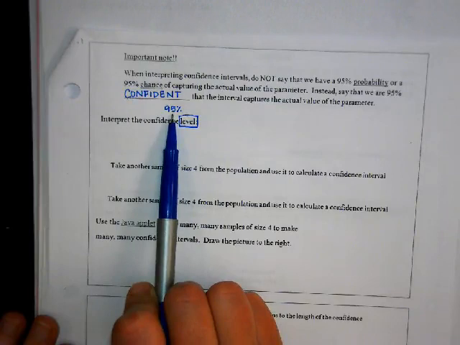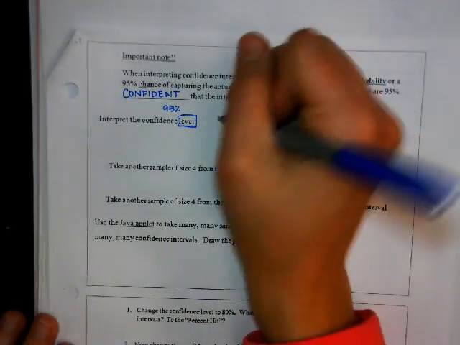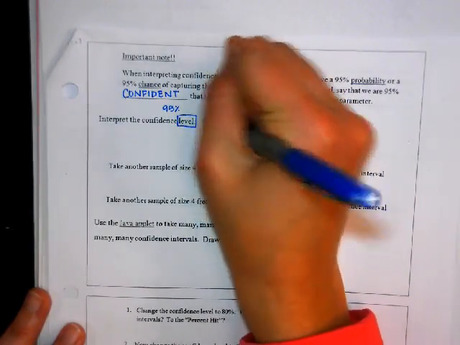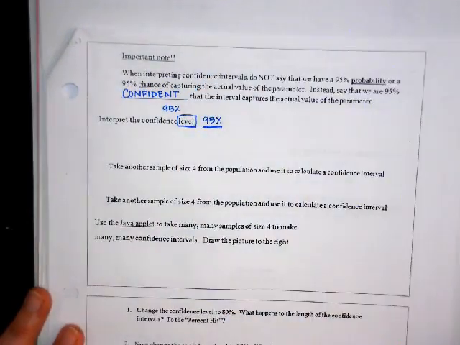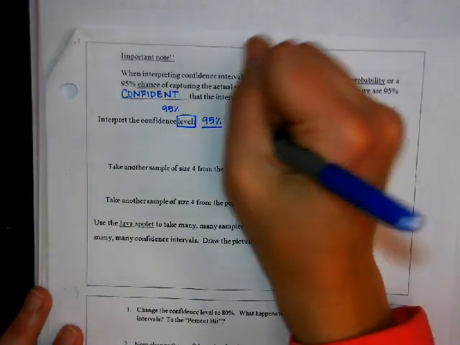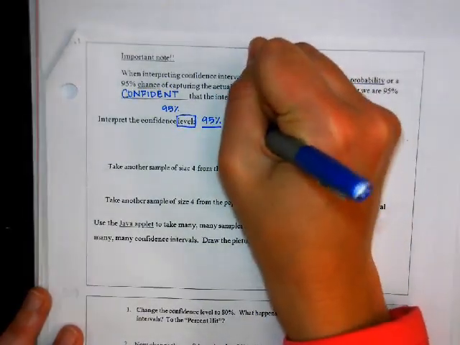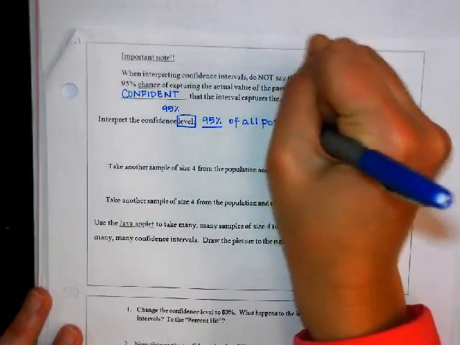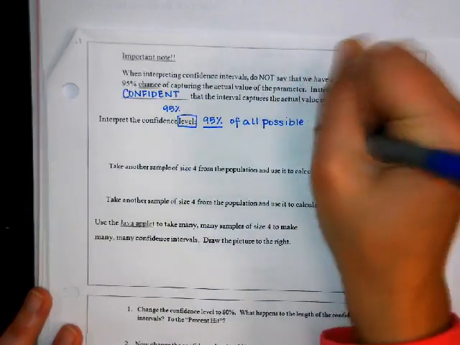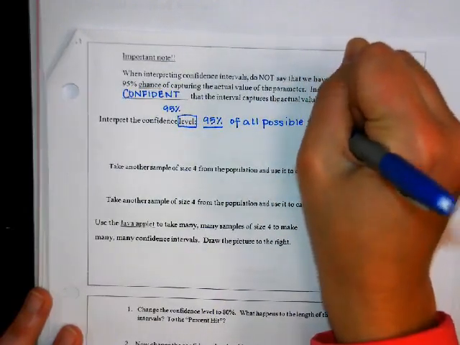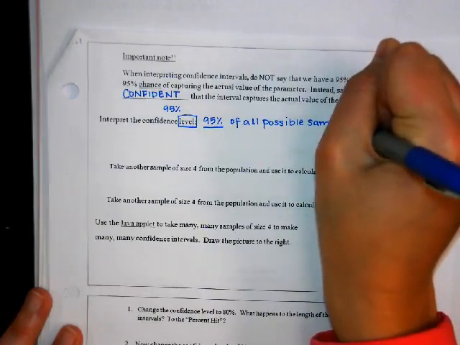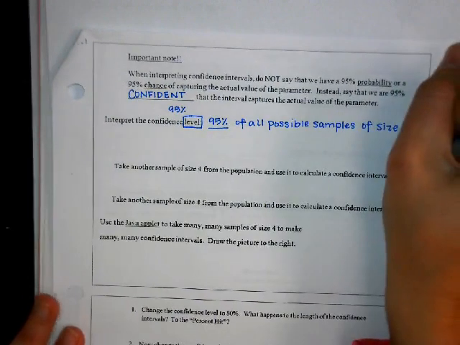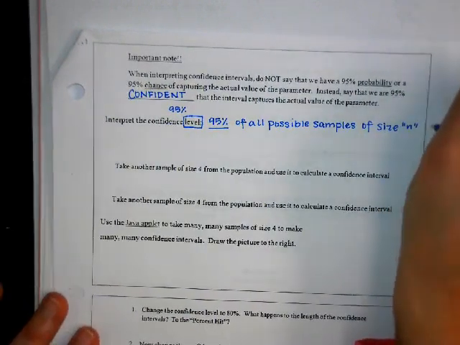So 95%, and that would change based on the level, of all possible samples of size n, which in this case our n was 5. We took samples of size 5 from the same population.